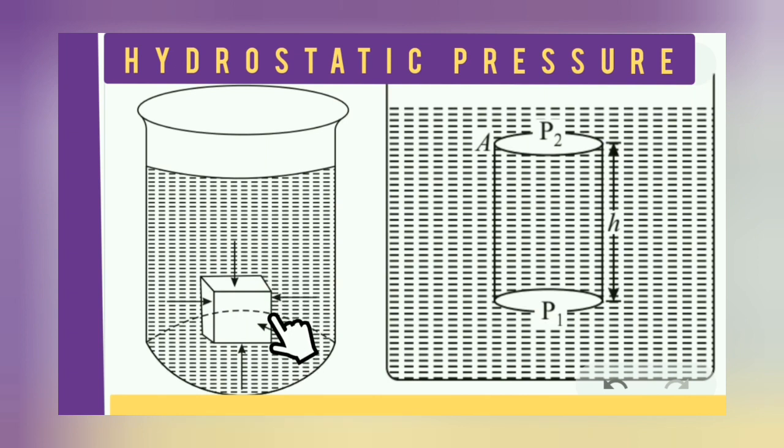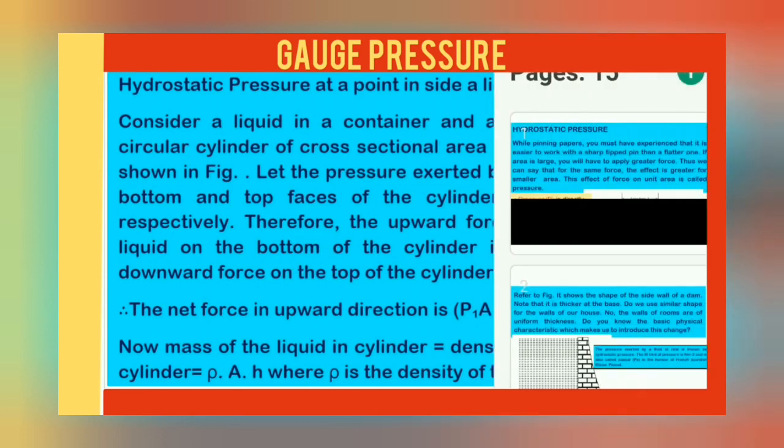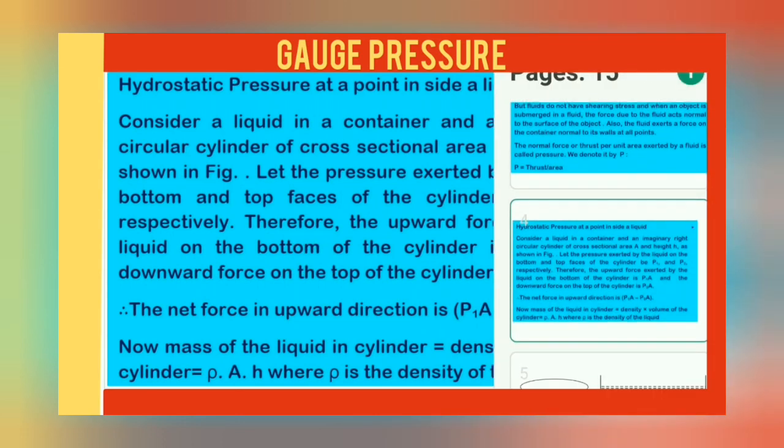So we can say that pressure is equal to thrust upon area. In the same way, for the walls of this container, the force exerted by the fluid is normal to the walls. Here we are going to derive the expression for hydrostatic pressure at a point inside a liquid, or gauge pressure. For that we will consider this diagram.